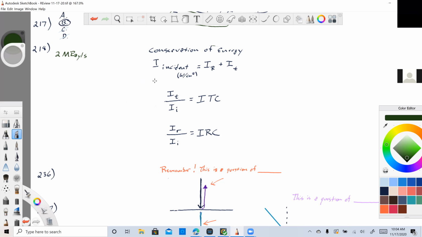Conservation of energy, assuming no attenuation, assuming that sound goes in a straight line, and all those assumptions, says that the incident beam of sound, the incident wave, has to be equal to the reflected added to the transmitted. So that makes sense. Like I said, we're assuming all other factors are nil. Incident has to equal those two together.